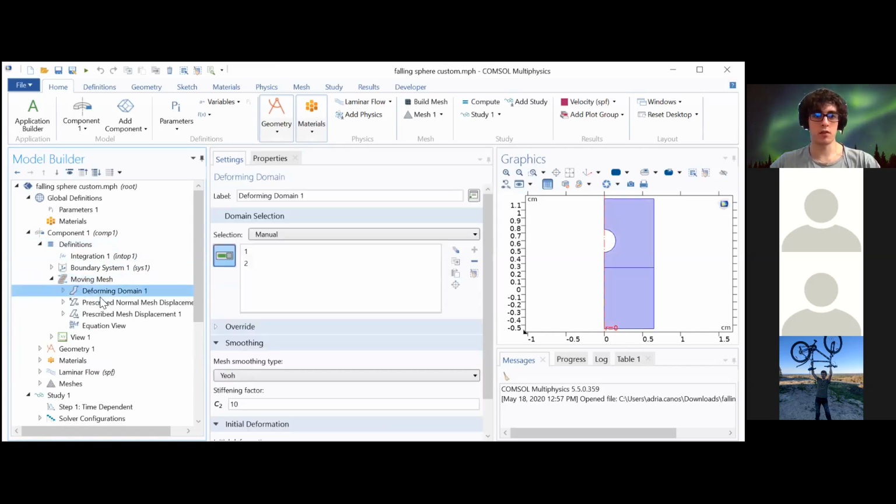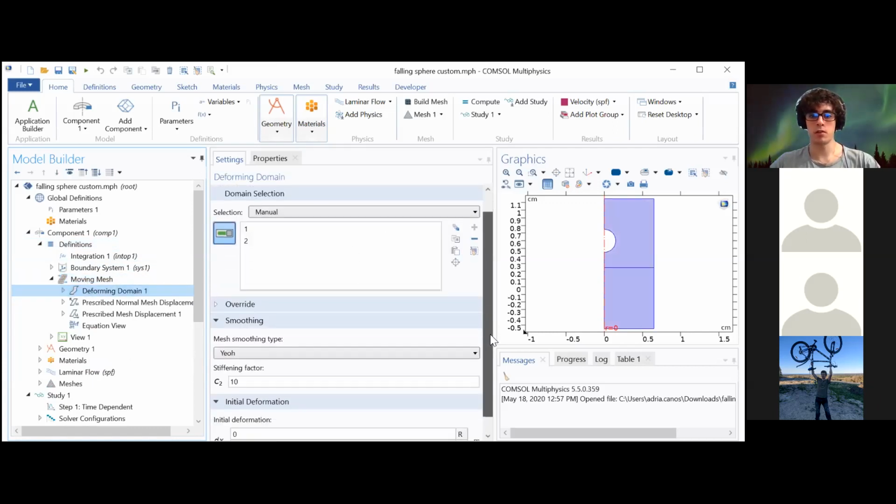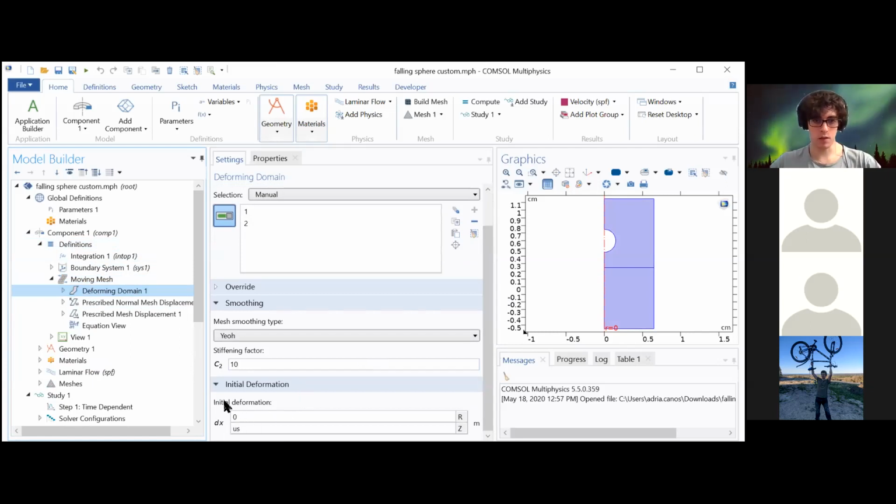And this moving mesh has an initial deformation step.